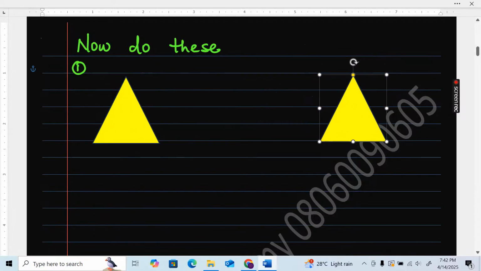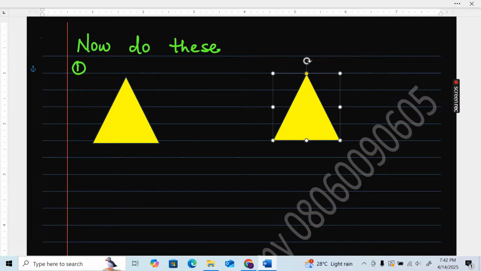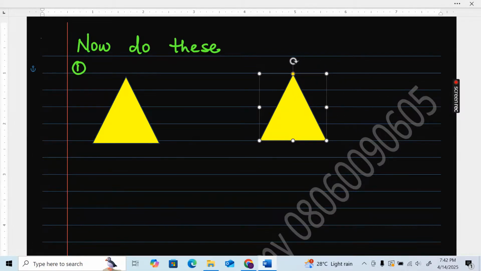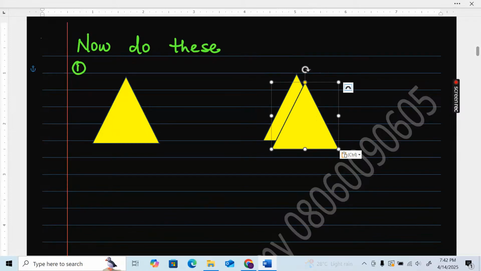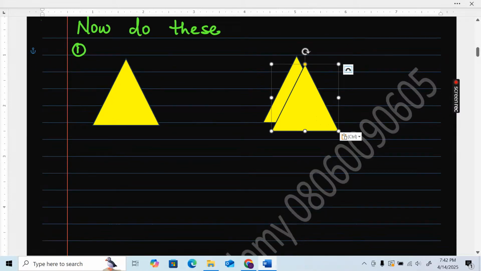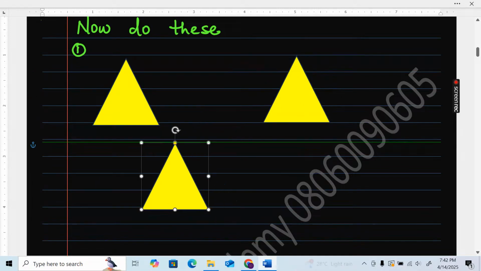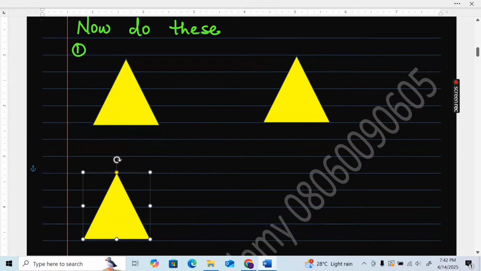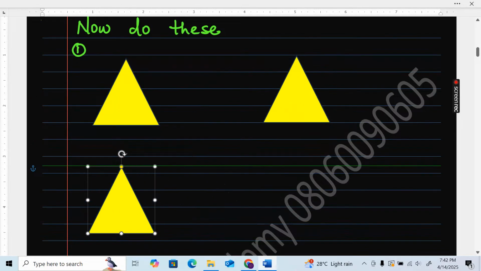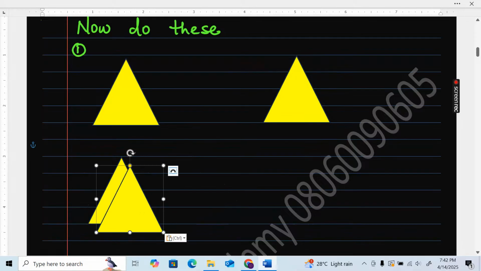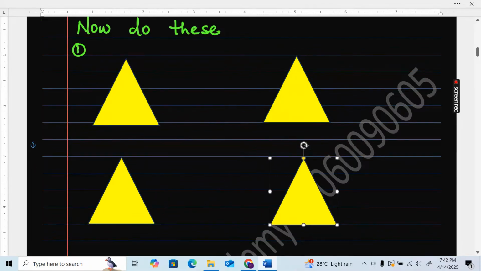So we have the second one here. Make sure you write clearly and make sure you are very fast at writing. Be fast at drawing your triangles also.